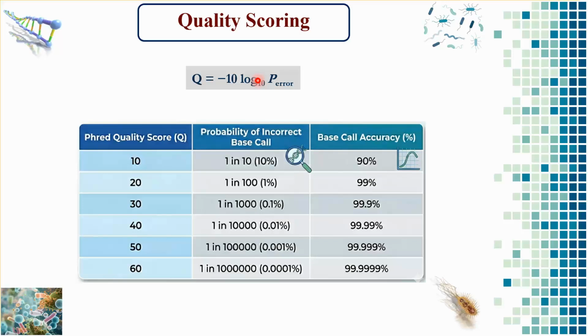For example, if Phred assigns a Q score of 30 to a base, this is equivalent to the probability of an incorrect base call 1 in 1000 times. As we can see here, this is the Phred quality score of 30. This is the probability of incorrect base call. This means the base call accuracy, that is the probability of a correct base call, is 99.9%.